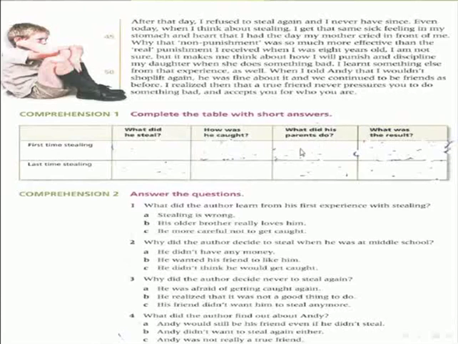What did his parents do first time here? The answer here: made him return the cassette, lectured him, gave him a lecture, and made him stay home for 2 weeks.